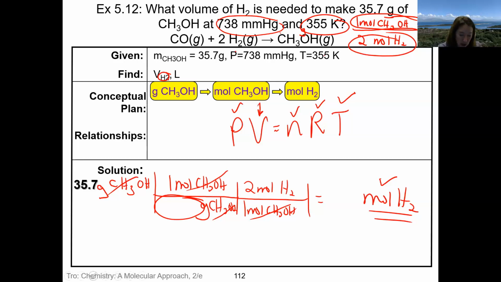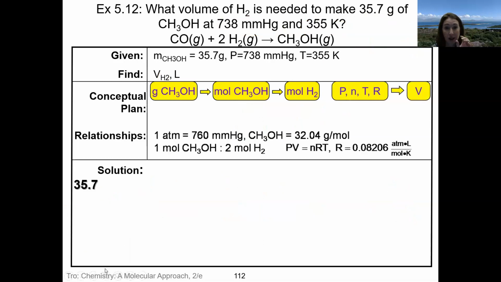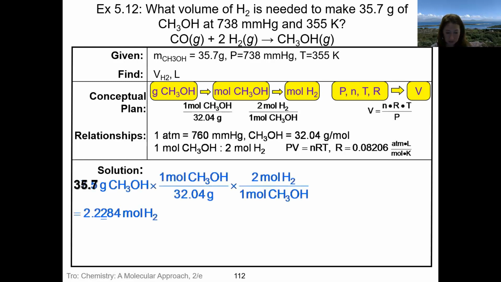So when you're doing gas stoichiometry problems, there's usually like a little stoichiometry and then a PV equals nRT, or PV equals nRT, little stoichiometry, and then another PV equals nRT. So it again changes, but it's usually like something you're familiar with, like stoichiometry. And so here's the exact thing I just set up.